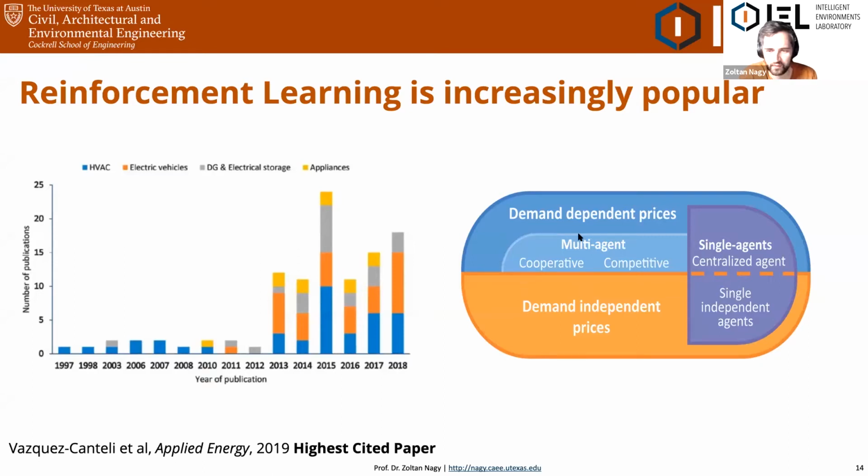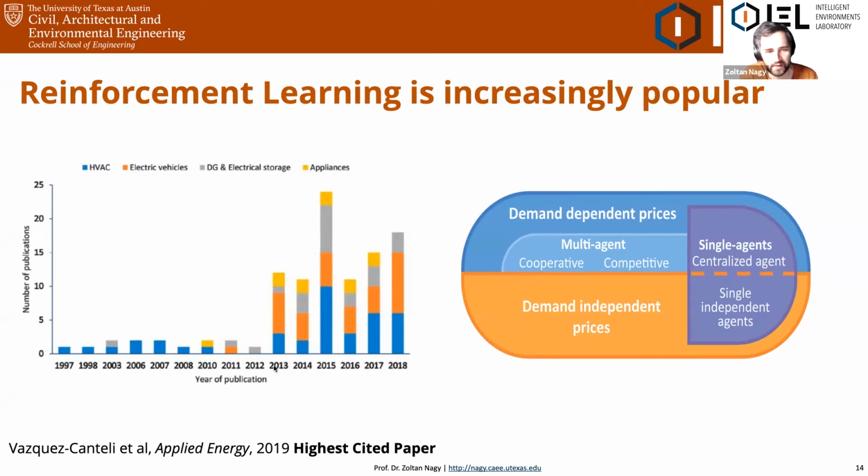So RL for energy management in different areas. You can see quite a significant spike in the second half of the 2010s, so to speak. And as a side note, look at this graph that we made. It's missing years in between. I don't know how we managed to publish this, but anyway, there is quite a spike.